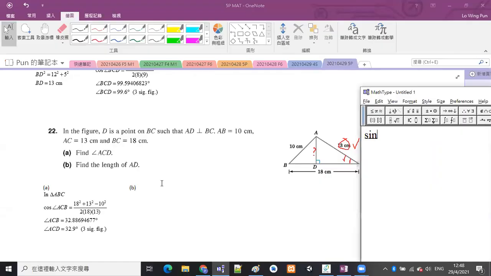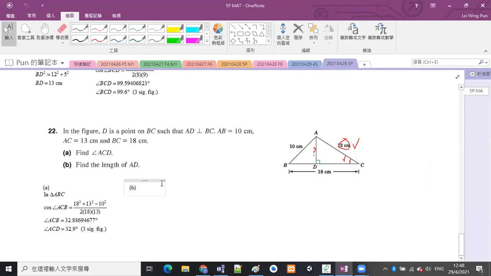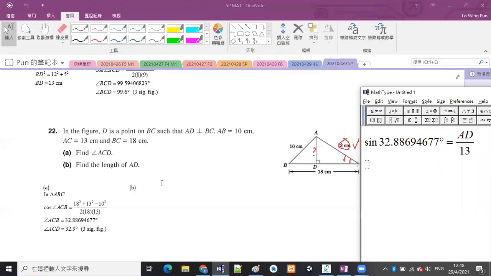Sine of 32.88694677 degrees is equal to the opposite side, that is AD, over the hypotenuse, that should be AC, that is 13 cm. I want to find AD, so just multiply the 13 to the left-hand side. And then just use the calculator.